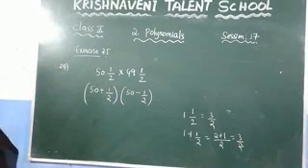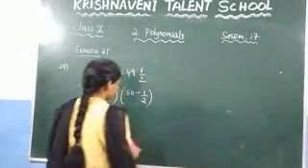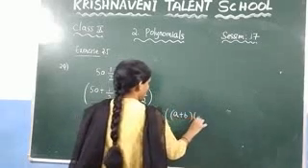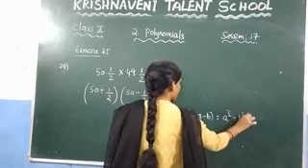You know the formula for a plus b into a minus b, which gives you a square minus b square. So the identity we know here is a plus b into a minus b, which is nothing but a square minus b square.